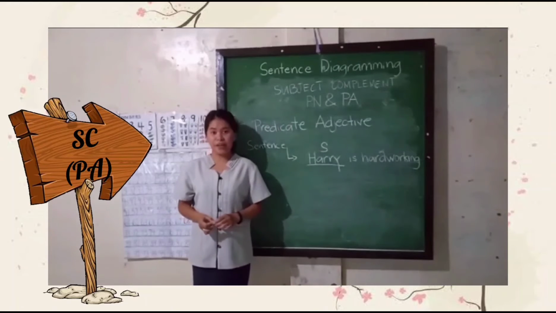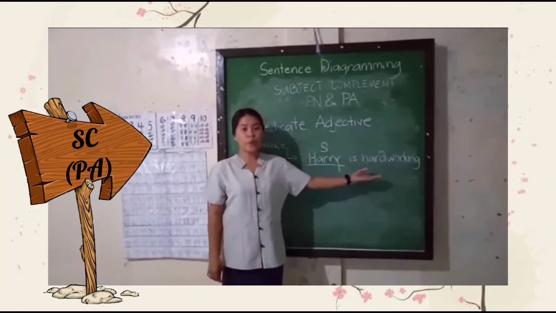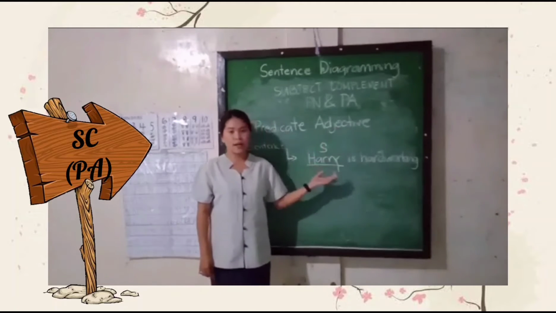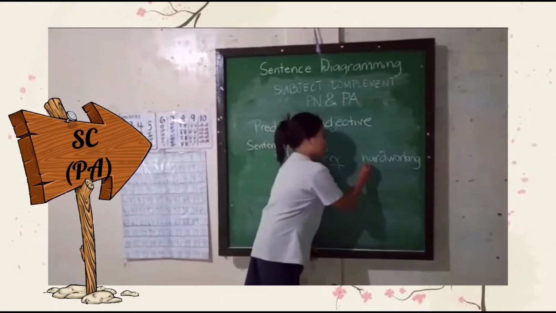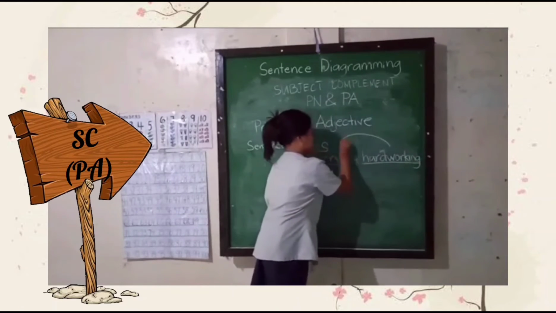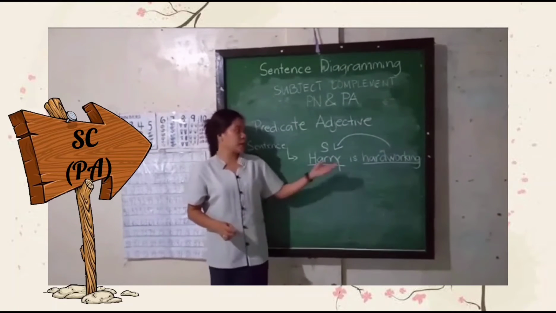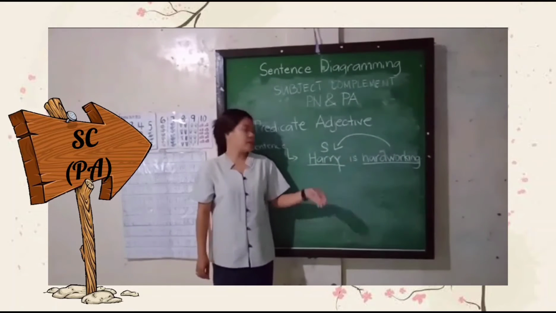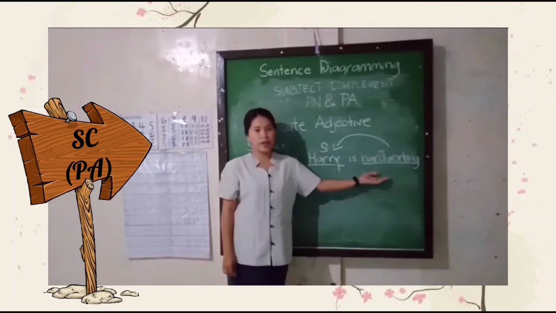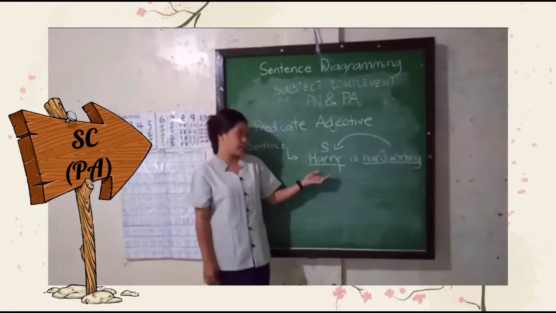In the predicate, we see the adjective hardworking, and hardworking is reaching back and describing Harry all the way in the subject. Here you see the linking verb is will act as a connector between the adjective hardworking and the word it modifies in the subject, which is Harry.